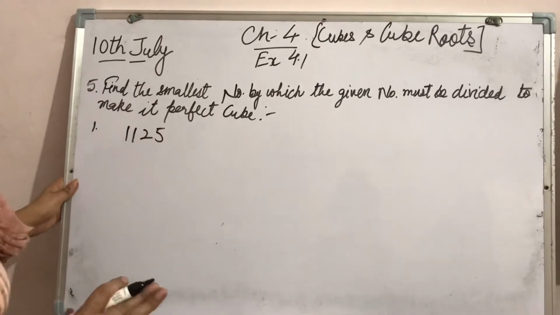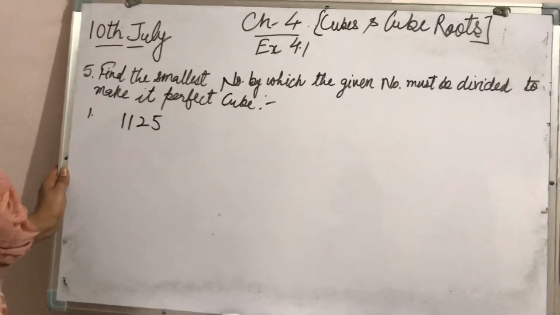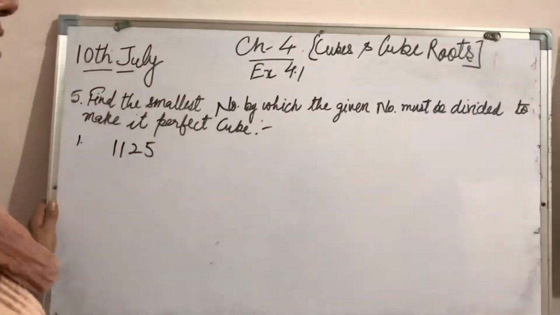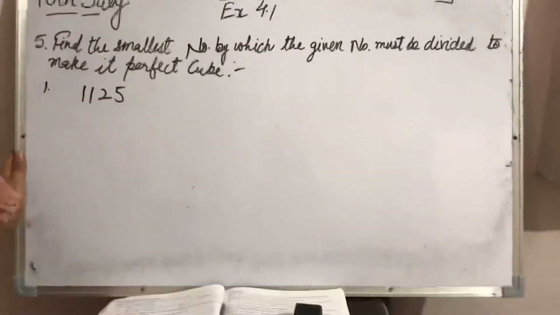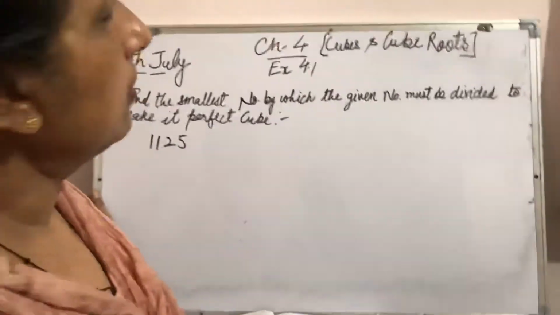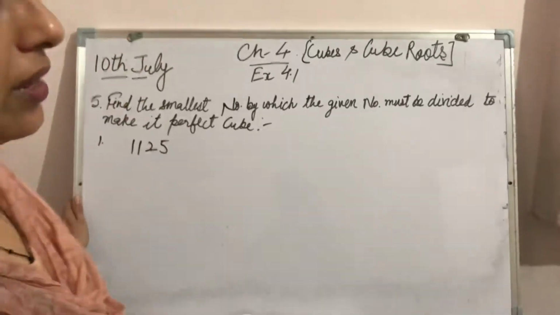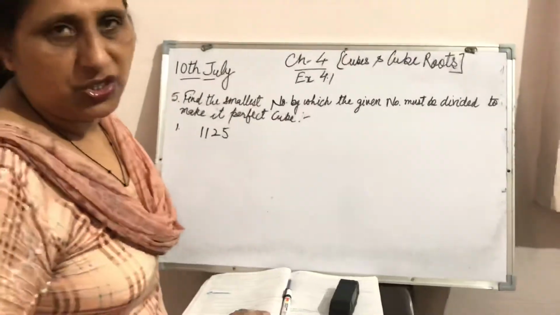Cube roots will be done only with the method of prime factorization. In square roots you have done many methods: subtraction method, sum of odd numbers, division method, prime factorization. But cube root is done only by prime factorization.